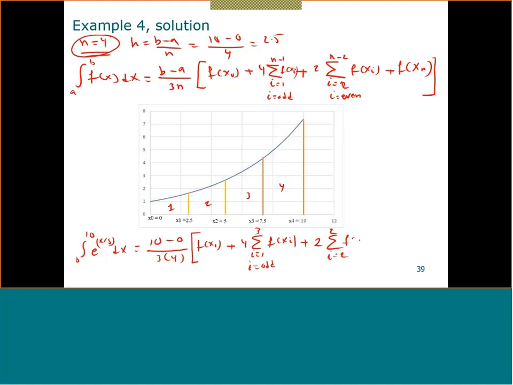So for this I will have only one term, which is f of x2, which is 5 here. So we have here x1, 2, 3, and 4, plus finally f of x4. So we have defined x0, 1, 2, 3, and 4.